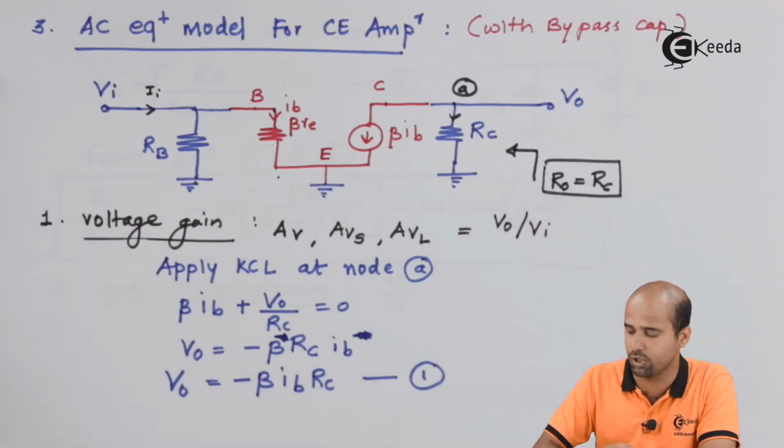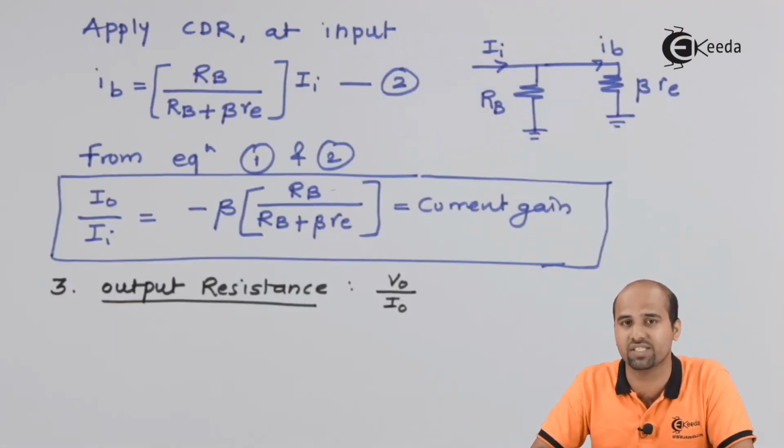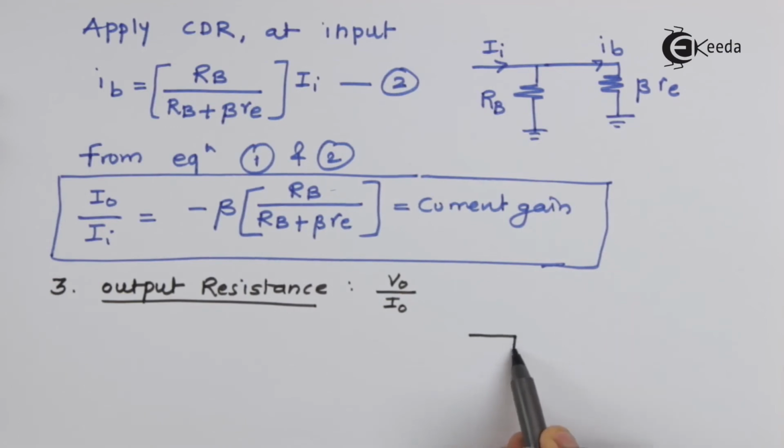That is nothing but your output resistance. Now what will happen if we have the load resistance placed at the output side? Then the picture will become, this is RC, again this load is connected to collector as well, this RL.